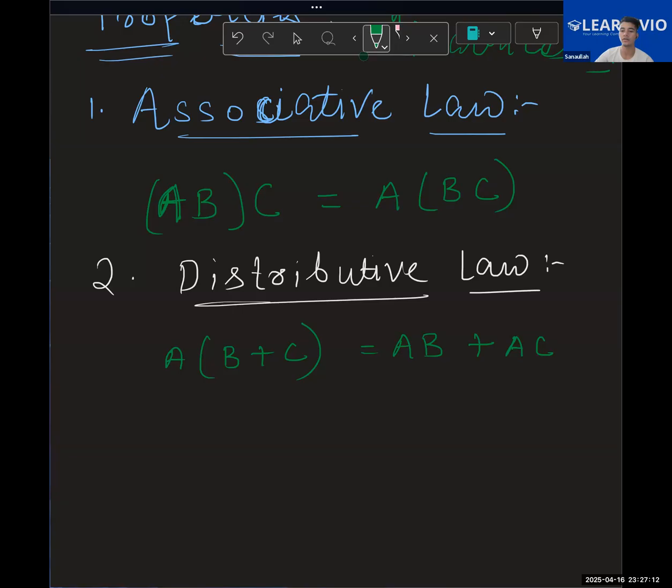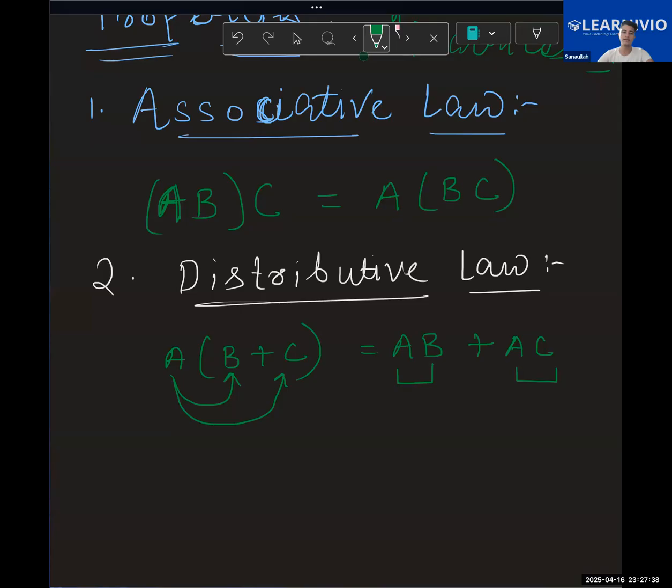Please focus on the order. You can't write CA. You have to write AC. You can't write BA. You have to write AB. This order is very important. This is multiplied by this, and this is multiplied by C. Do you understand this? Yes, sir.